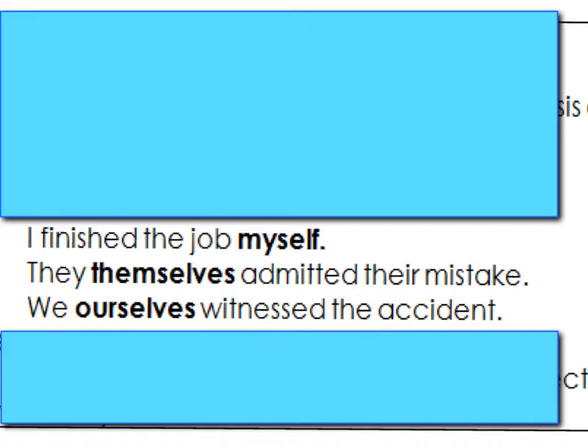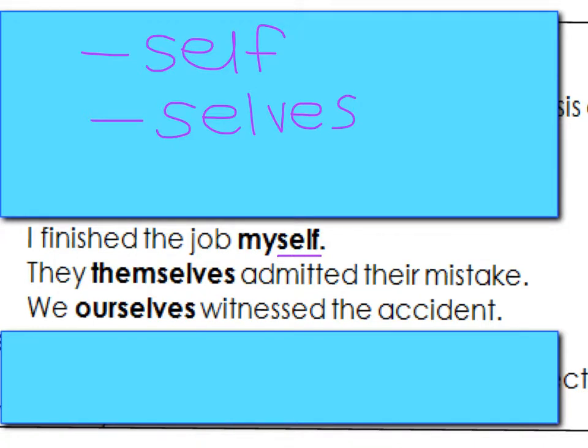We know that if there is an emphatic or a reflexive pronoun, we're always looking for the words self or selves. In this case, we can see self. Now, to determine whether it is emphatic or reflexive, I need to see if it is necessary. Remember, a necessary word is always a reflexive pronoun.